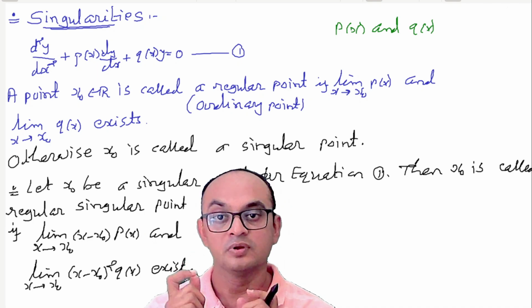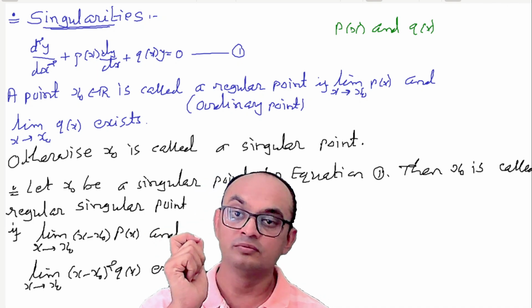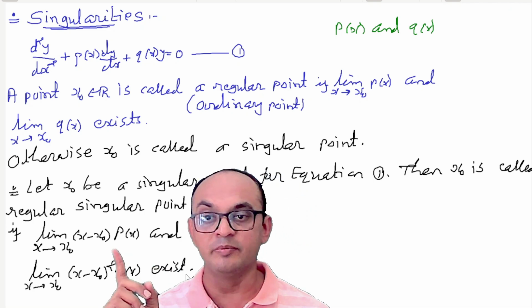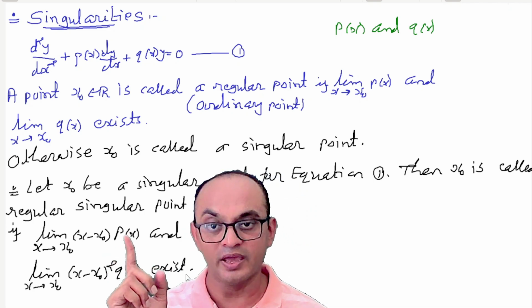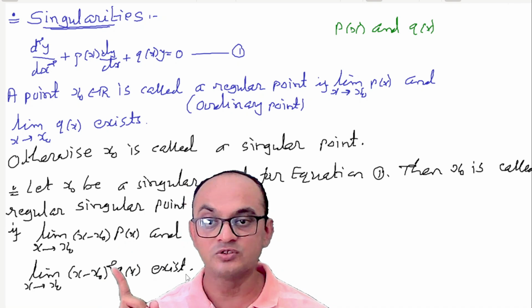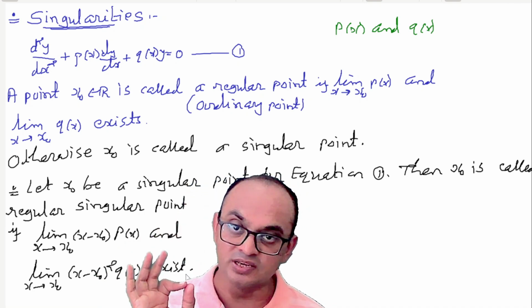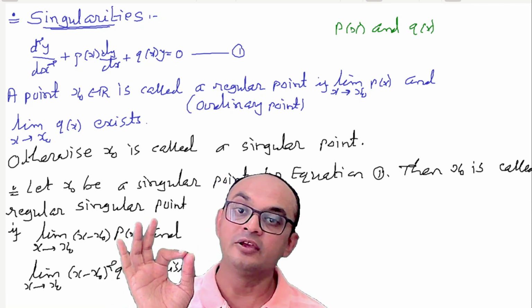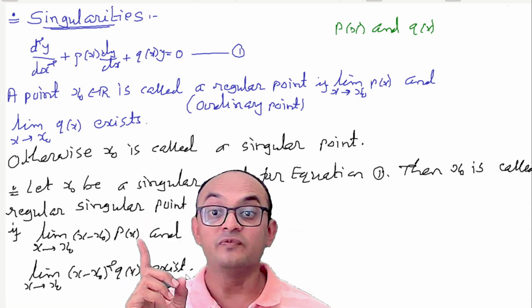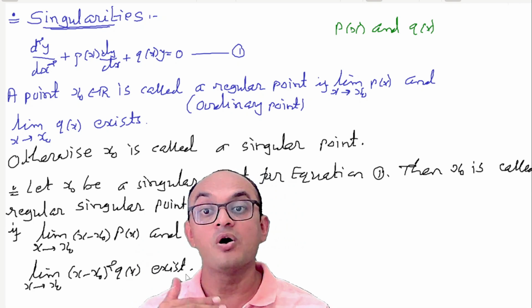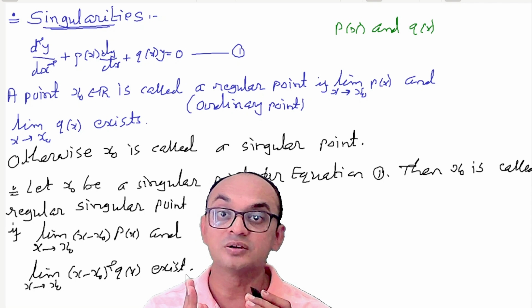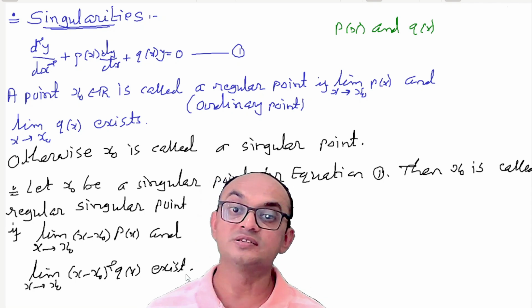Now suppose x0 is a singular point, then I check the limit of (x minus x0) into p(x) and (x minus x0) square into q(x) at point x0. If both limits exist, then it is called a regular singular point. If any one of the limits or both limits do not exist, then it is called an irregular singular point.